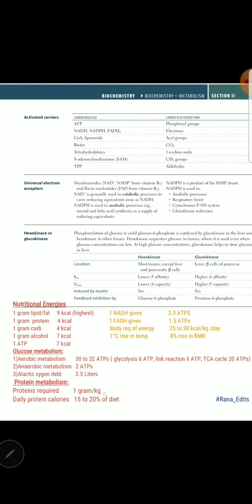That is the percentage of total calories. It should be 15 to 20% roughly. Here it is a question related to protein, 1 gram of protein will yield 4 kilocal. Here it is daily protein requirement 1 gram per kg of body weight, and daily protein calories is a different thing, overall percentage of calories of the diet.